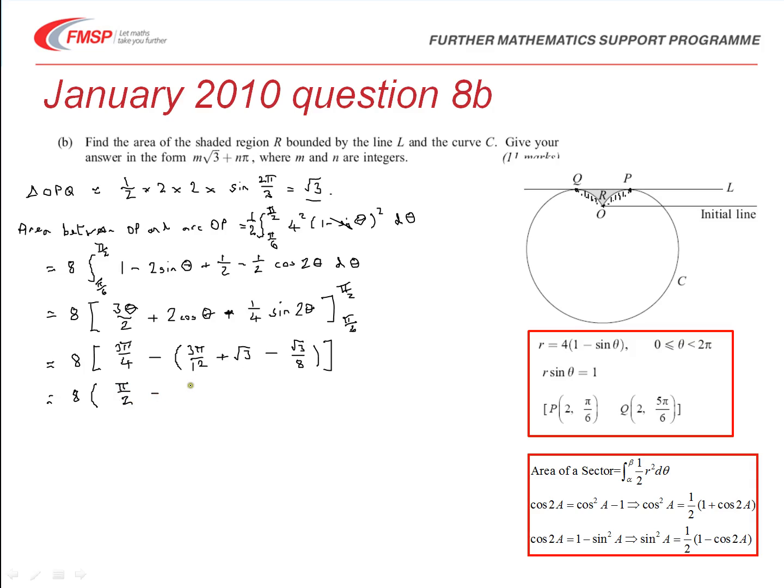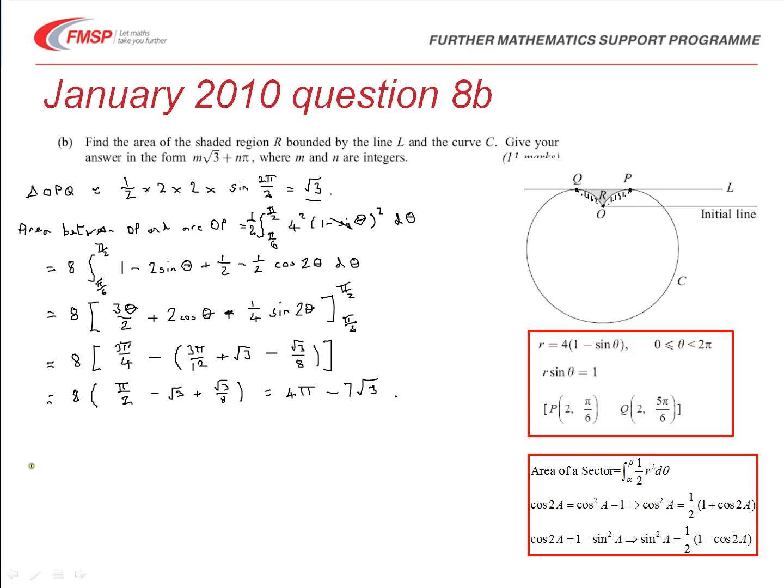Minus the root 3 plus the root 3 over 8. So if we then multiply through by the 8, that gives us 4 pi, and then we get minus 8 root 3 plus a root 3, so that's minus 7 root 3. Okay, so that's the area of these little shaded bits on either side.